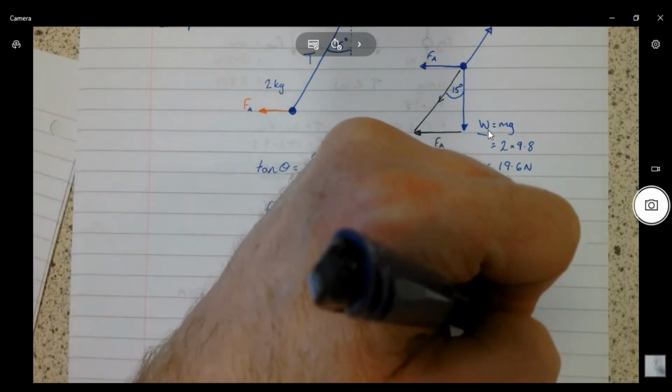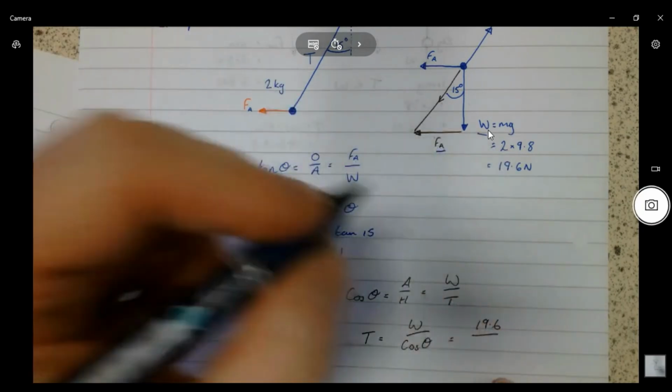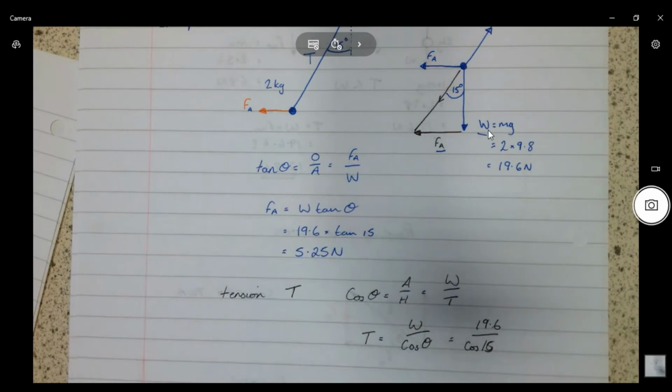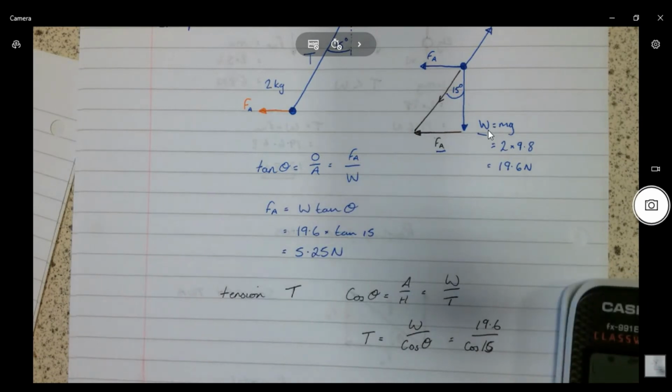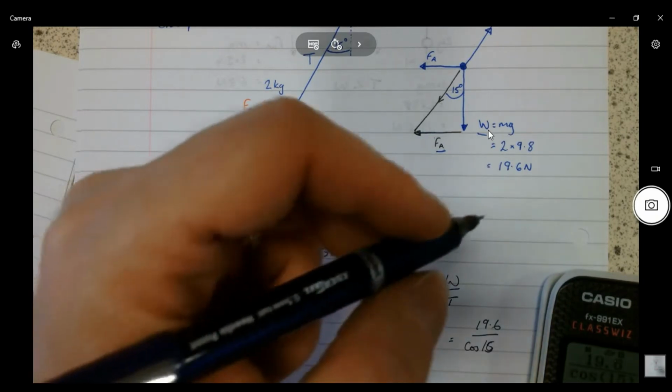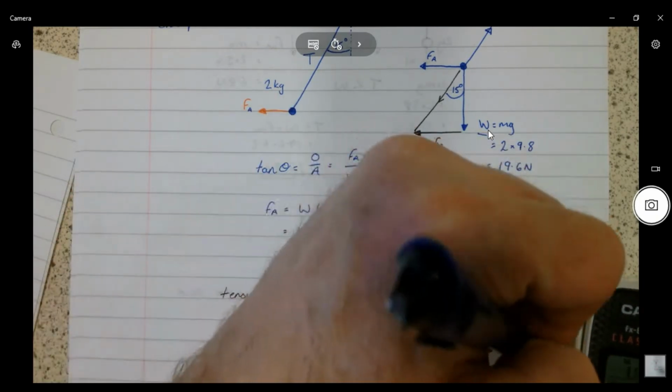And that's going to be 19.6 over cos 15. We get 20.3.